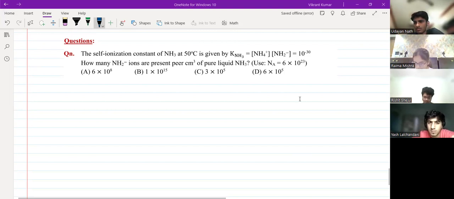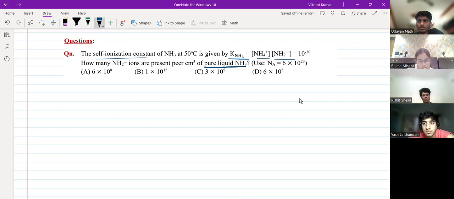So enough time given. Like I told you, if they have given you this self-ionization constant, which is K of NH3, which is equal to these two in pure liquid ammonia, both of these ions will have the same concentration because they are coming from the same source, and the coefficient was the same.